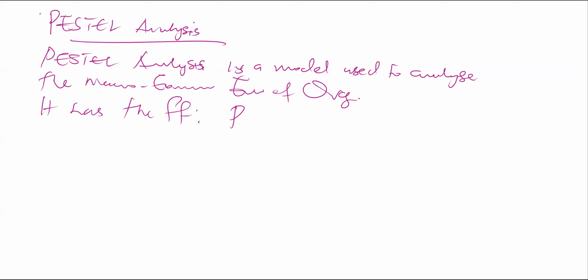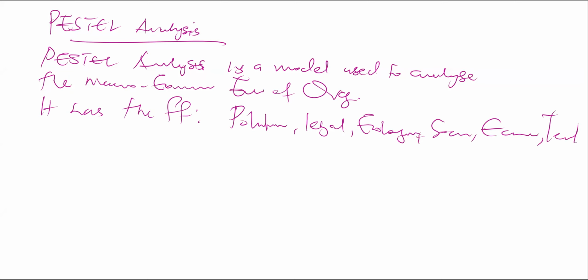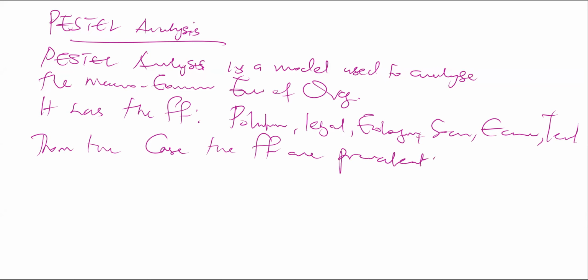Then you list them: political factors, legal factors, ecological factors, socio-cultural factors, economic factors and technological factors, right? So once you state that, then you say from the case, the following are prevalent, or obvious, or stated.